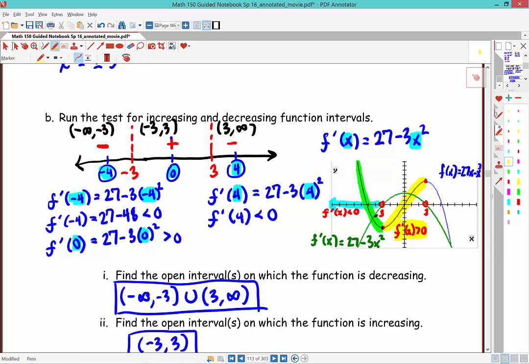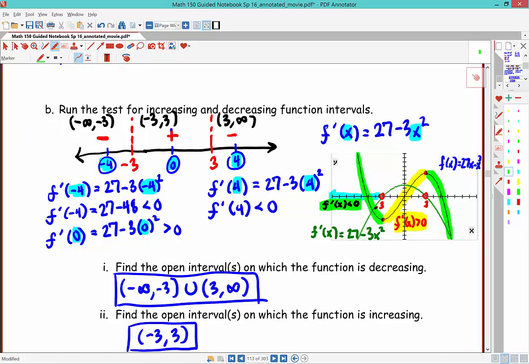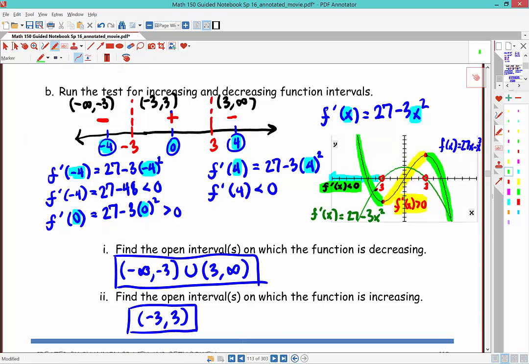And then over here again, our original function is decreasing, and notice that our derivative graph is negative. So that behavior went over 2 intervals. Cool? All right. And we did all this without even seeing a picture of the graph. So this is a key part of curve sketching.